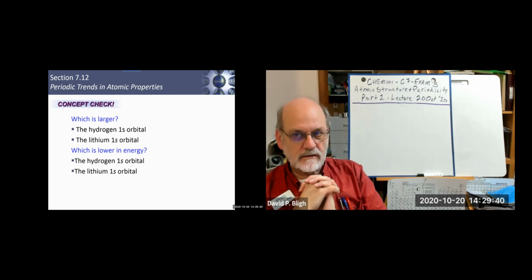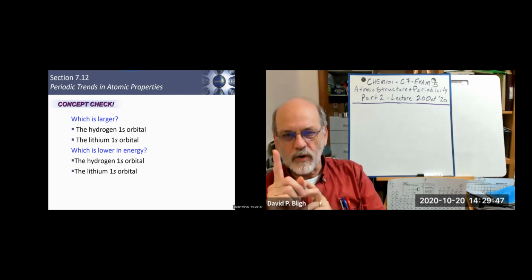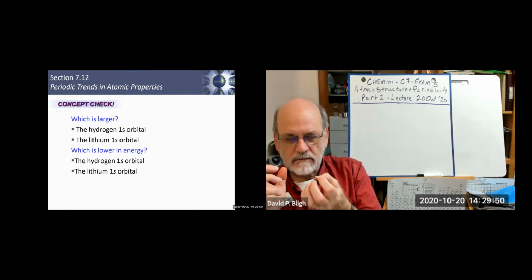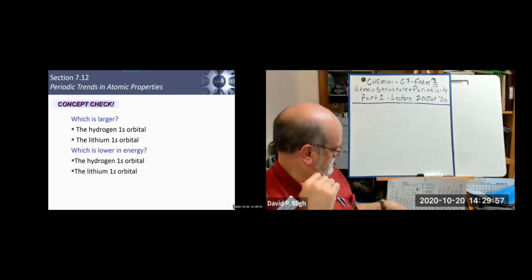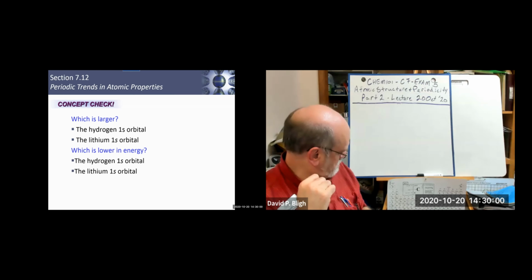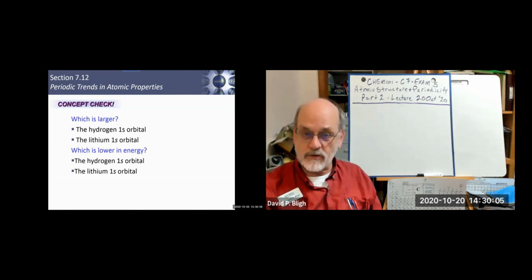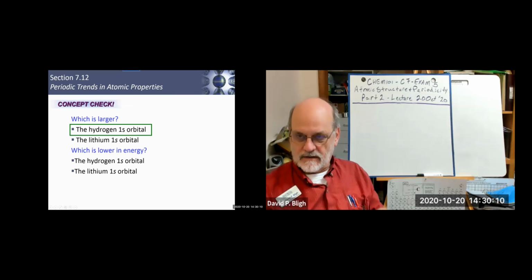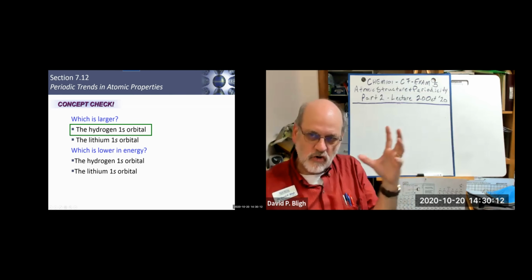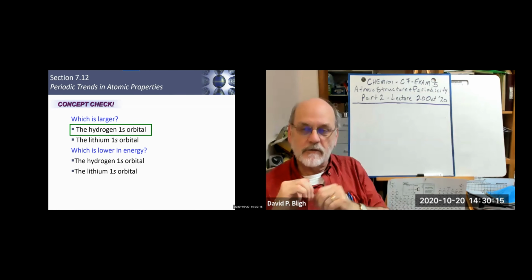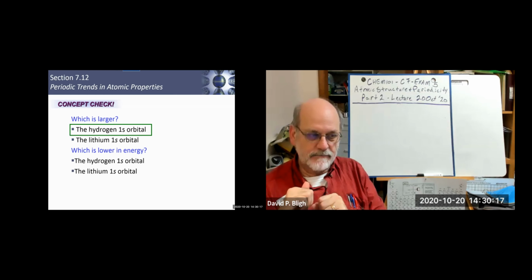Now, why is that? Because hydrogen only has one proton pulling on that orbital and the electron that's in it, whereas lithium has 3 protons pulling on that one. So the larger one should be the hydrogen, should it not? It has less of an attraction. There's less draw from the nuclear charge for the hydrogen atom than the lithium atom.